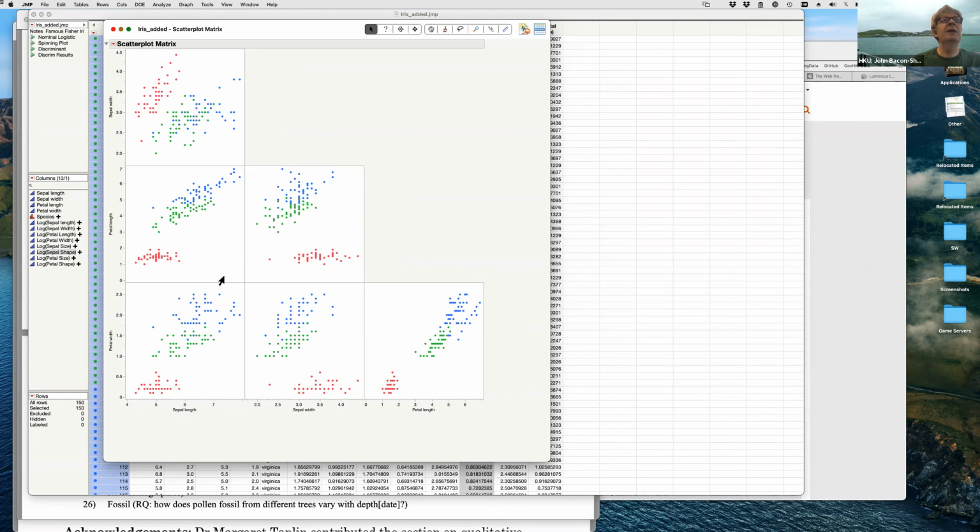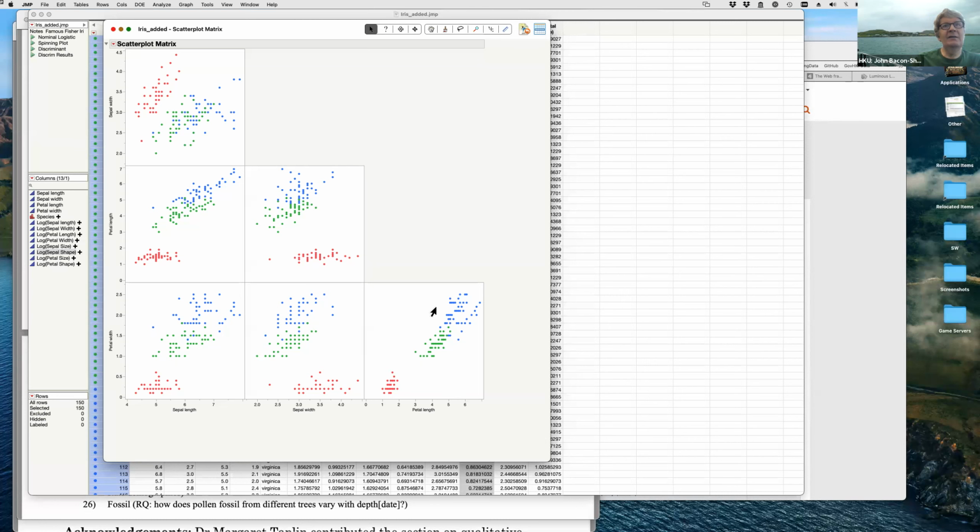So in all of these plots, the worst one perhaps is the sepal. You can see the sepal width and length is very hard to distinguish between green and blue. Petal length and sepal length is not too bad, right? We can nearly distinguish them. And again, petal length and width are not too bad. We can nearly distinguish them.